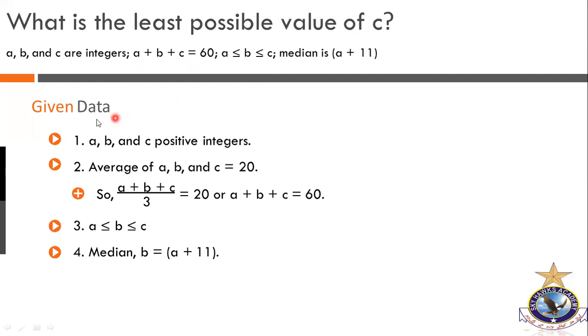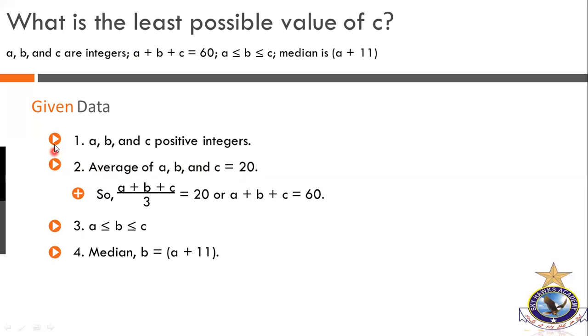Look at the given data: A, B and C are positive integers. That is one thing. The second thing also given is that the average of A, B, and C is 20.